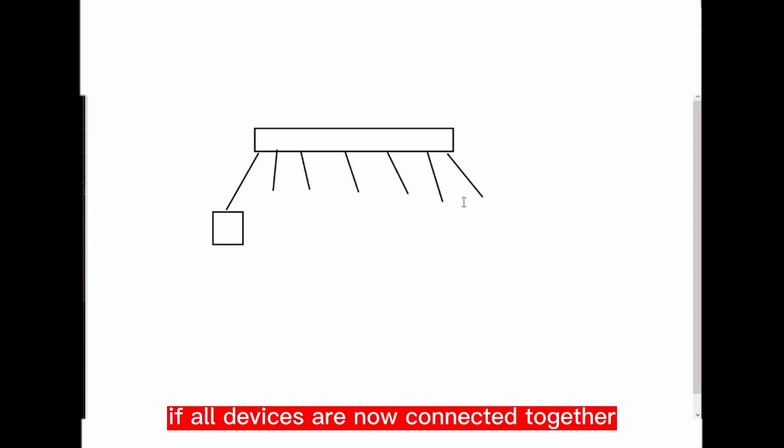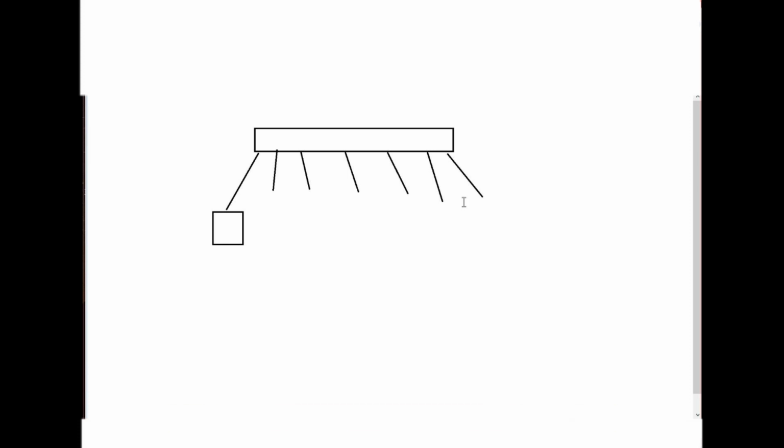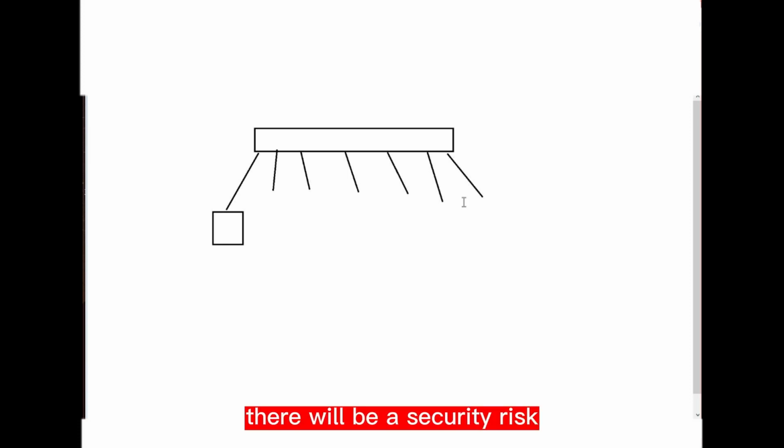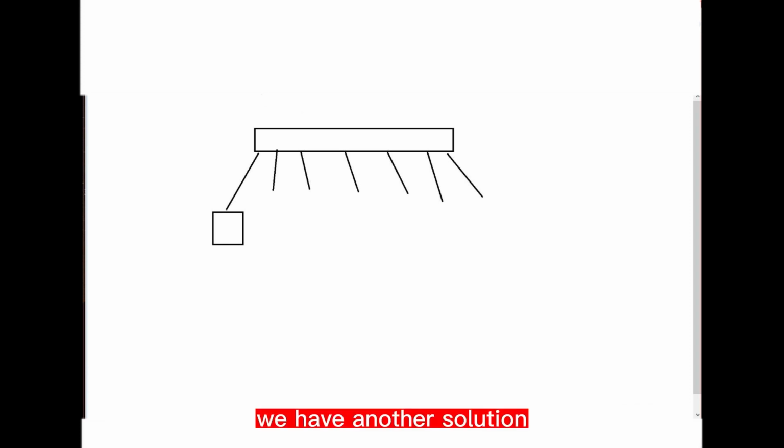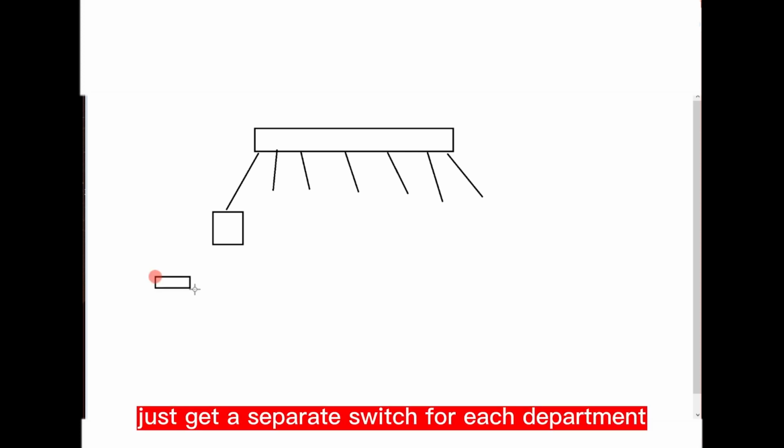If all devices are now connected together to one switch, then relatively speaking, there will be a security risk. Whether it is a security risk, or business isolation, the actual demand between departments is not well controlled. We have another solution: just get a separate switch for each department.